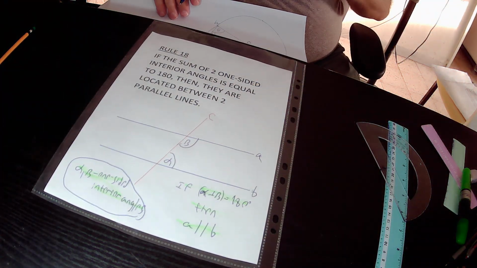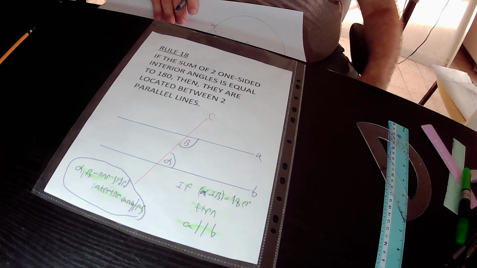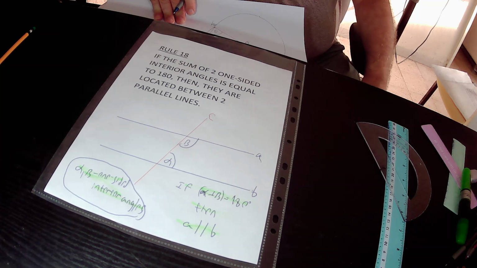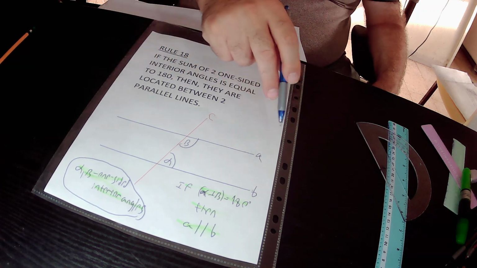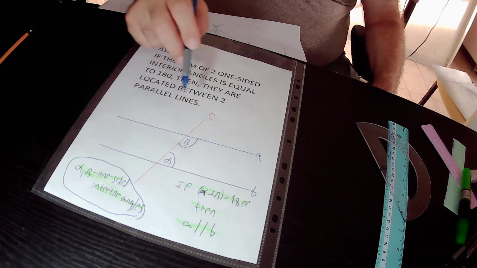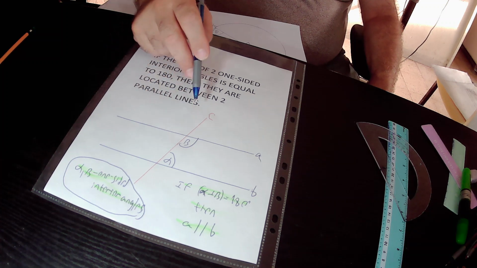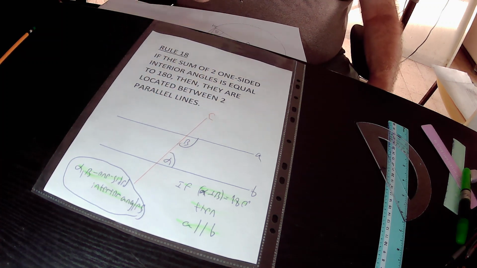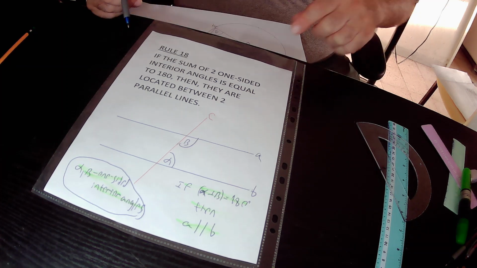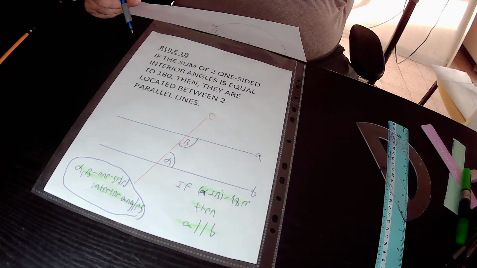According to rule 18, if the sum of two one-sided interangles is equal to 180 degrees, then they are located between parallel lines. So in the drawing we have line A, this is line B, this is line C that intersects with those two parallel lines at those 2 points. In addition, we have those two angles, alpha and beta, that are defined as one-sided interangles.